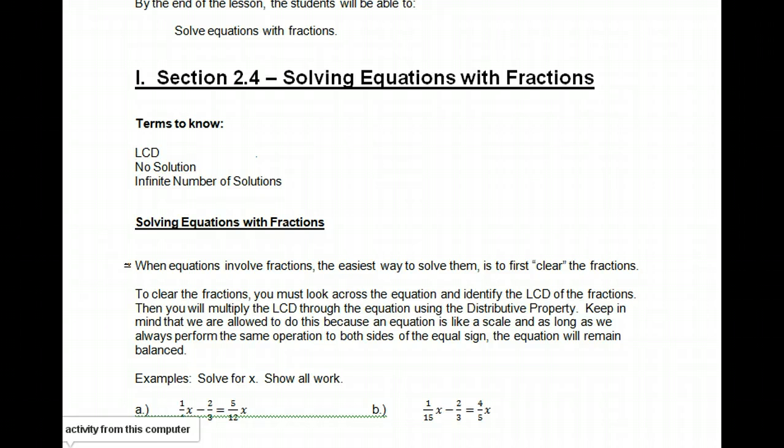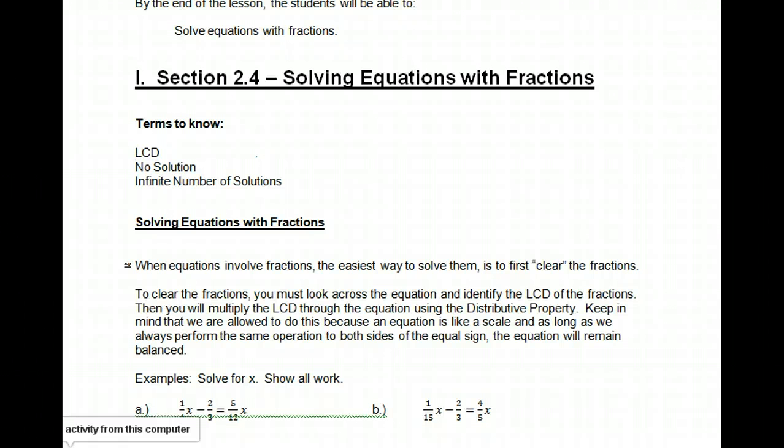What that means is that we're going to completely eliminate the fraction by multiplying the LCD of the fractions through the entire equation using the distributive property to create whole numbers instead of fractions.